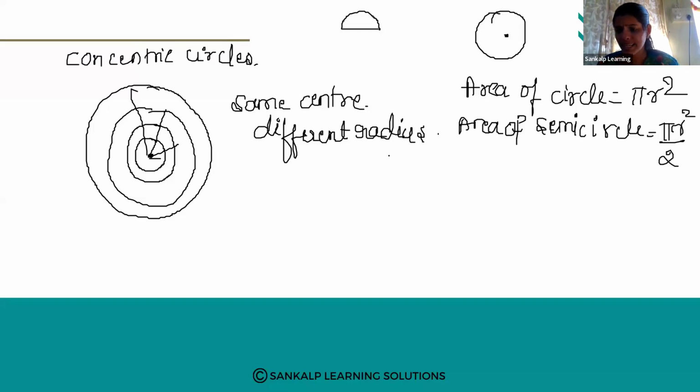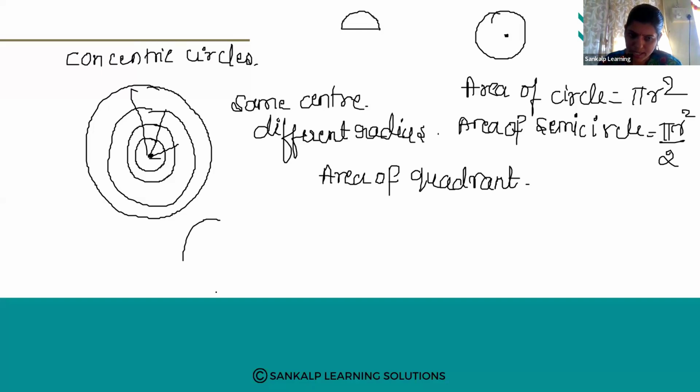Next, area of quadrant. Remember, these are all very important. What do you mean by quadrant?